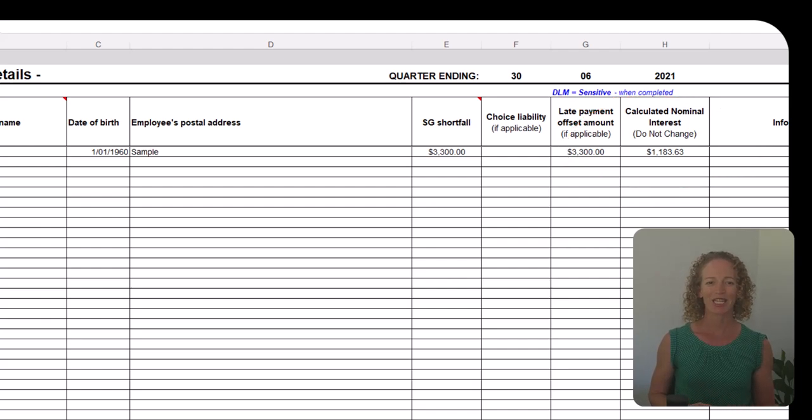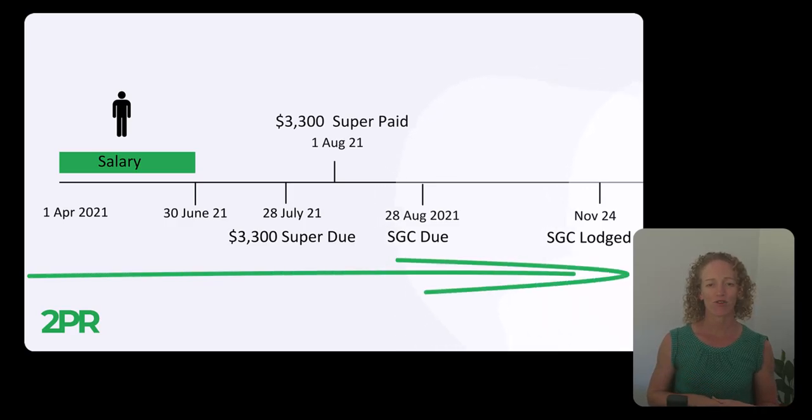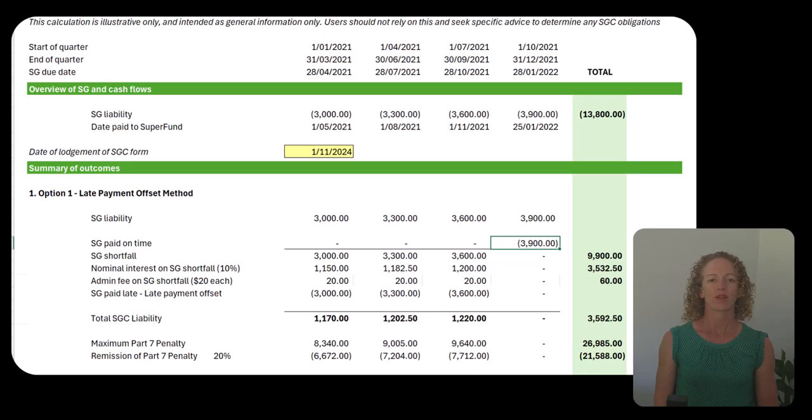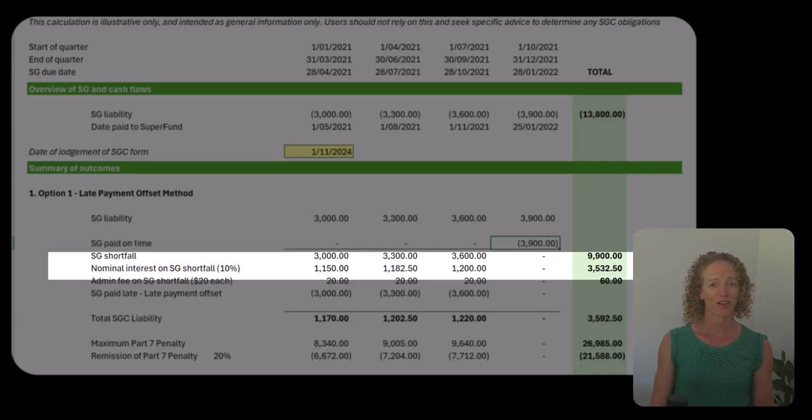Remember, this is calculated from the start of the quarter until the date we lodge the SGC form in 24, not when we actually paid it. When we completed the SGC calculations for all 3 quarters, it showed that we had $9,900 of late super and nominal interest of $3,532. You can see that the late lodgement of the SGC statement results in substantial interest accruing.